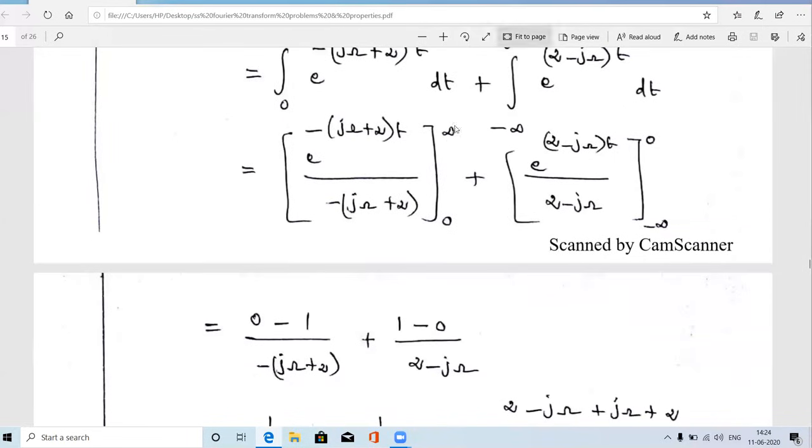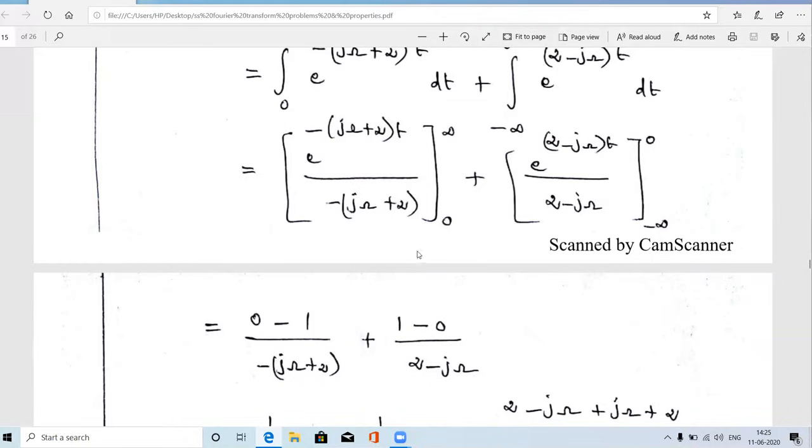Now we have to substitute the limits. In the first term, we substitute the upper limit, which is infinity, in the place of t. Putting infinity gives e^(-infinity), which is 0.